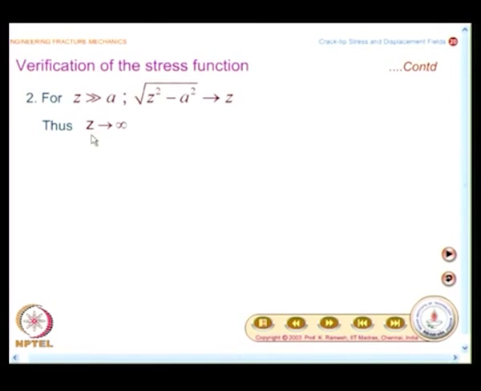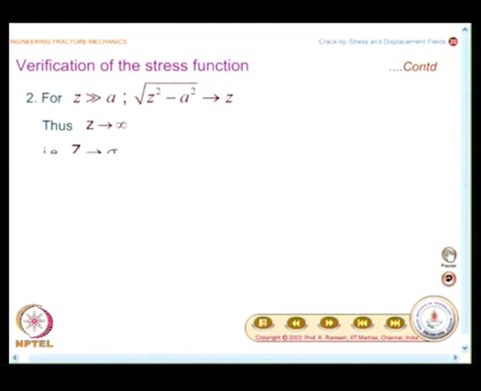We are going to look at what happens at the far field. That means small z approaches infinity, or in other words z is much larger than a. So, I could simplify this expression approaching small z. So, that means what happens to the stress function?